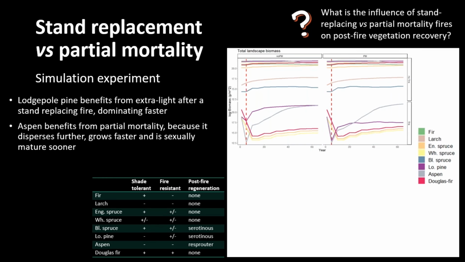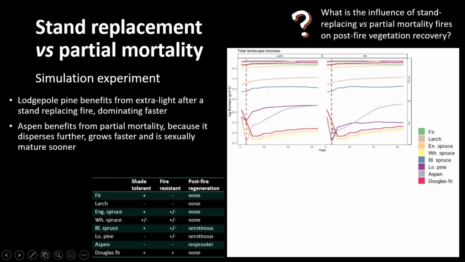And so we see the same dynamics, the same tendency, on this graph, where we see the changes in the log of the biomass over time. Again, the fire happens at year 5 in this dashed line, and we see how lodgepole pine is able to recover very fast if we have a stand replacing fire on the left.